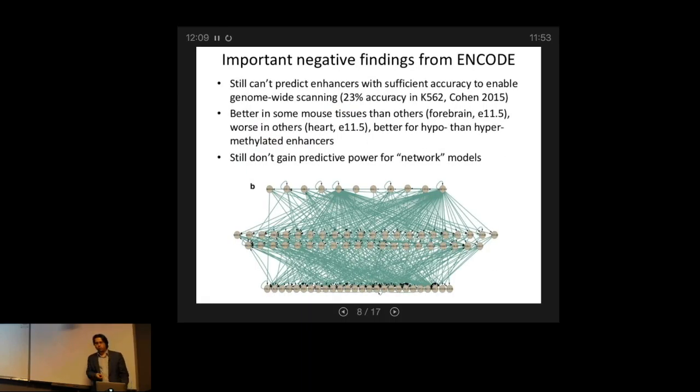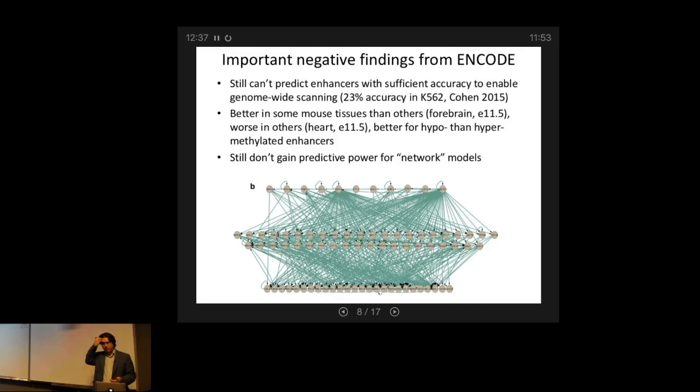ENCODE also had some important negative findings that are worth pointing out. And this is ongoing into the current consortium. We still can't predict enhancers with sufficient accuracy to enable genome-wide scanning. So people can take balanced training sets of 50% active enhancers, 50% sequences that were tested but inactive, and you can get superb AUC on these balanced training sets in both human and mouse. You know, 0.9 easily, sometimes up to 0.95.